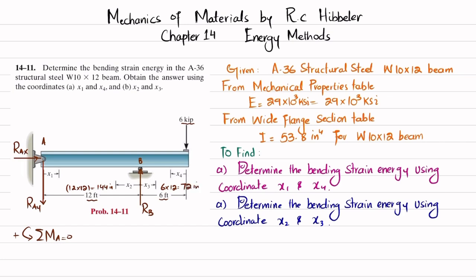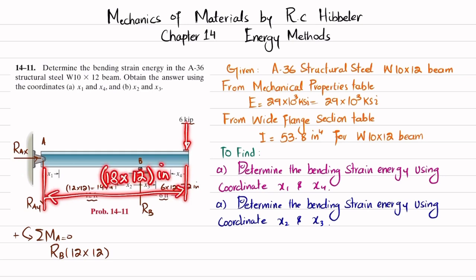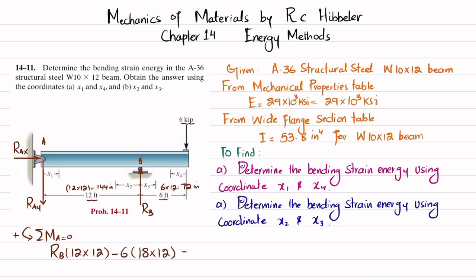Okay. So the sum of all moments about point A is equal to 0. The first moment is RB into the perpendicular distance, and this produces a counterclockwise moment, so it will be positive. I will write RB multiplied by 12 multiplied by 12. The second moment is due to this 6 kips load, and the perpendicular distance is 18 feet, so I will write 18 multiplied by 12, converted into inches. This produces a clockwise moment, so it will be negative. So I write minus 6 multiplied by 18 multiplied by 12 is equal to 0.